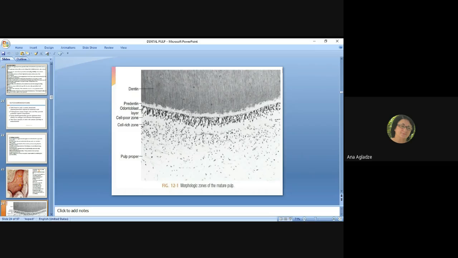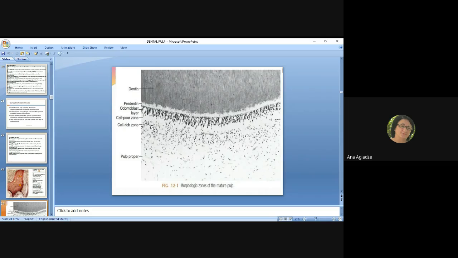This zone contains the typical pulpal cells and undifferentiated mesenchymal cells, which can act as reserve cells. These pulpal cells are mainly fibroblasts.